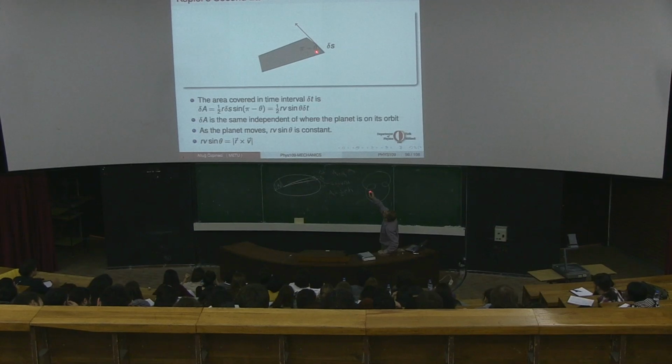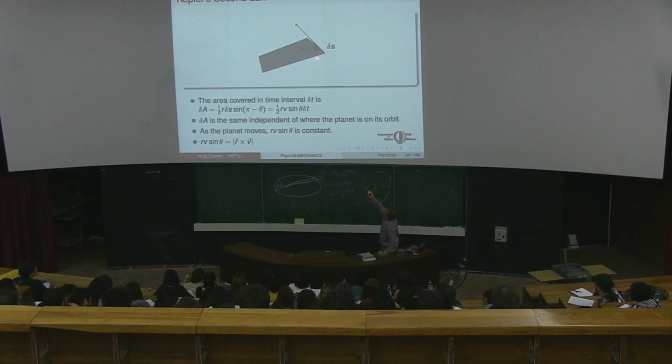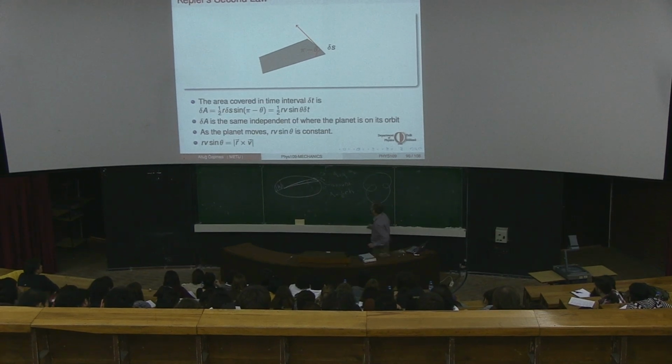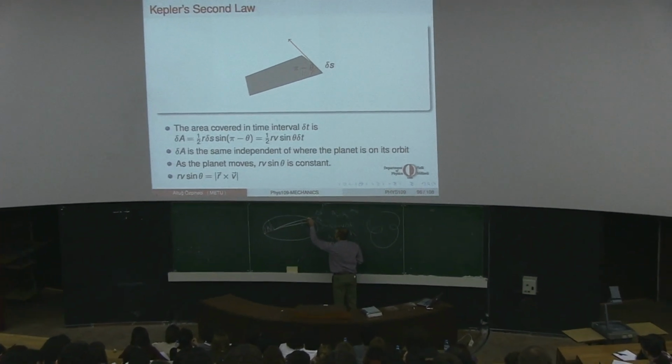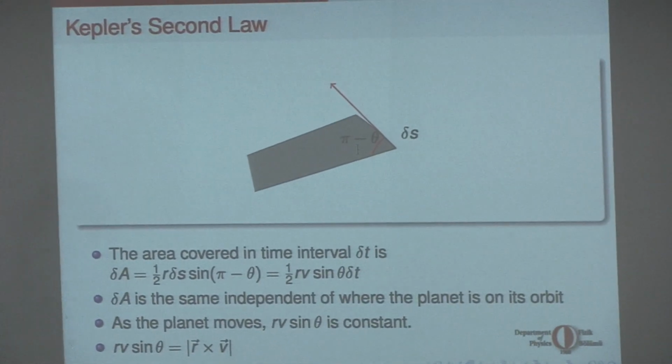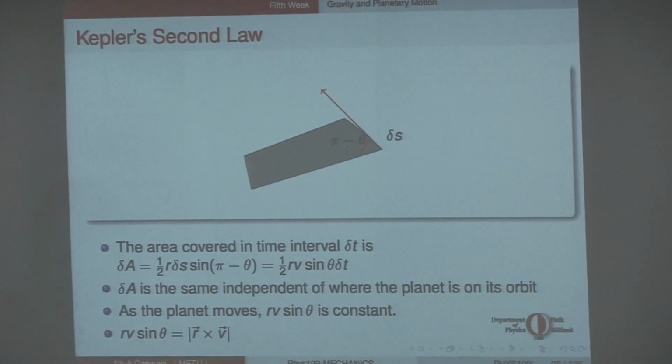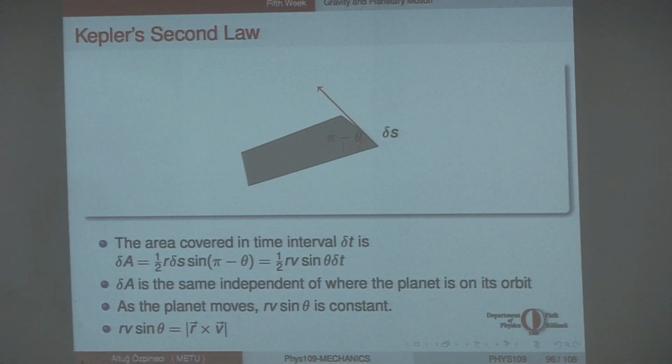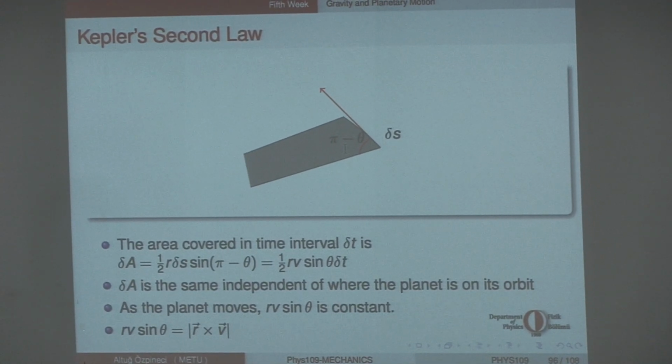Furthermore, this angle here is pi minus theta. So the height of this triangle is nothing but the length of this straight line times the sine of this angle. So height is delta S times sine of pi minus theta.